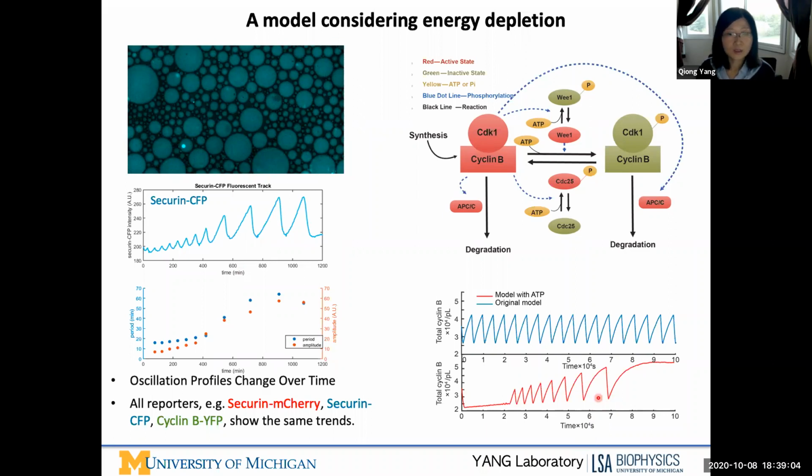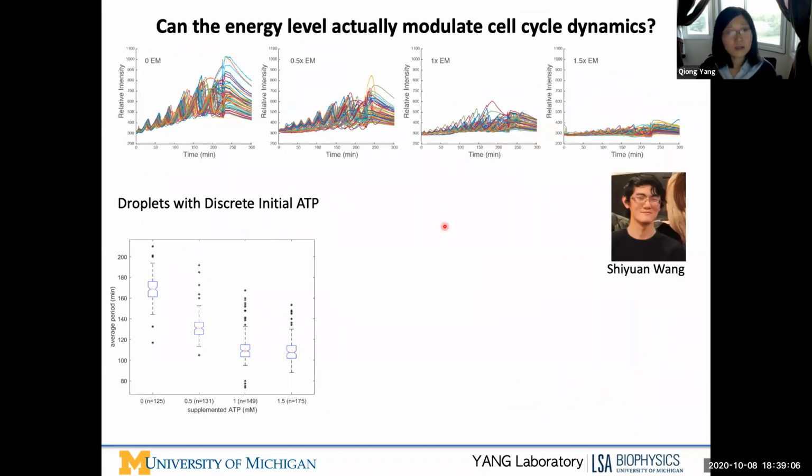Okay, so that brings a question to us, which we think is very interesting: can energy modulate any oscillation behavior? That is a question that seems to have been overlooked before. So we wondered if we can design an experimental system to test the idea.